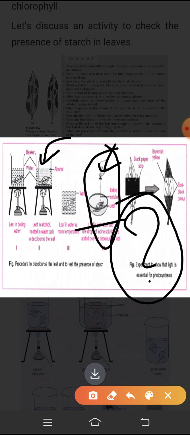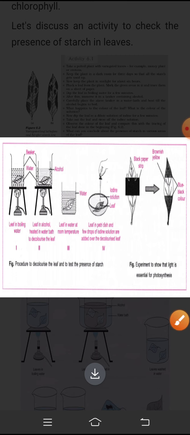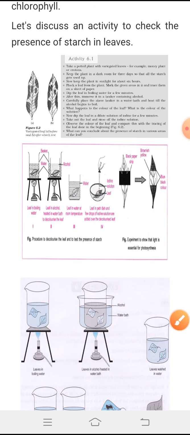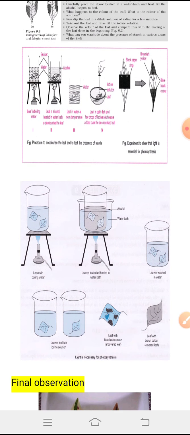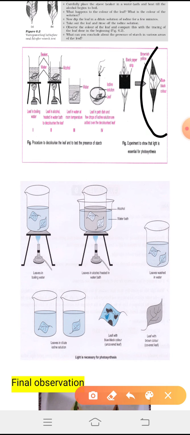It reacts with the starch and produces a purple black color. So it is majorly used to test for starch. Our leaf shows a change in color after the addition of iodine solution, so it indicates the presence of starch.